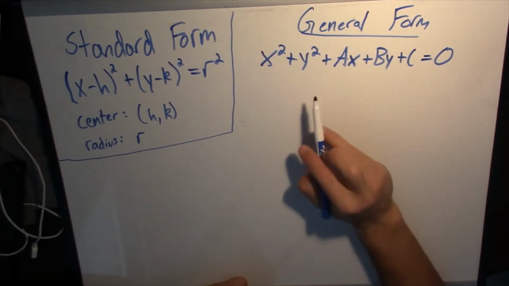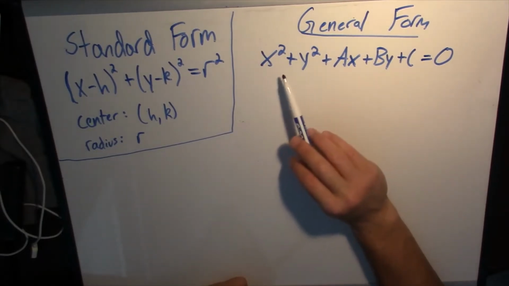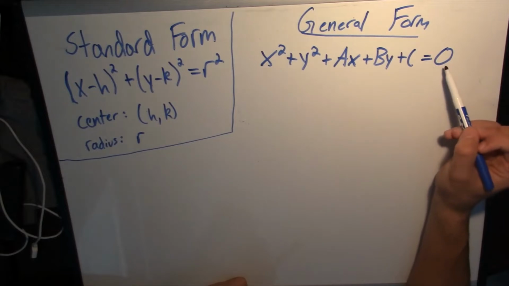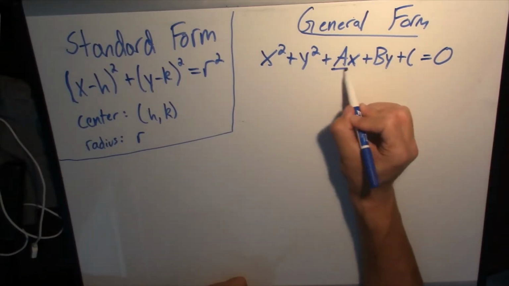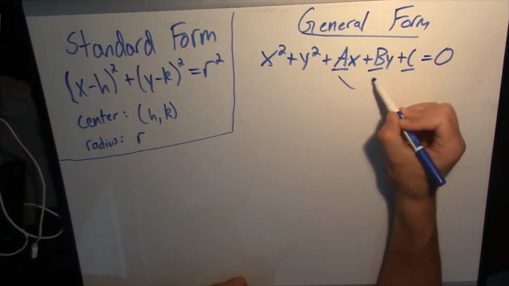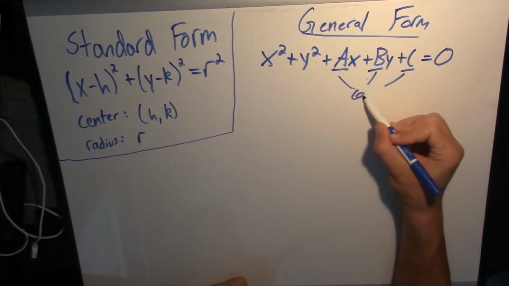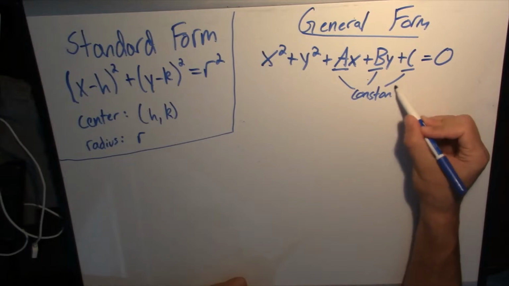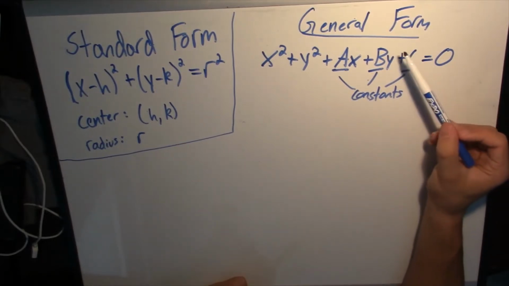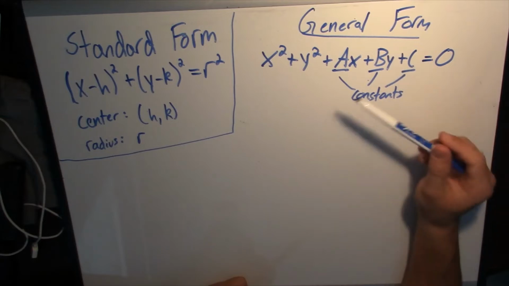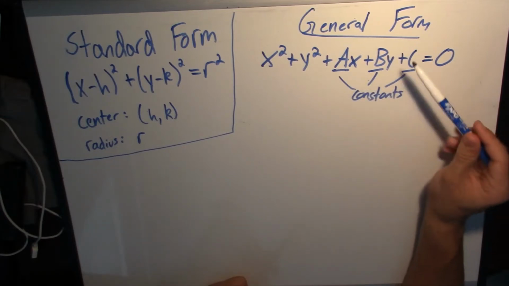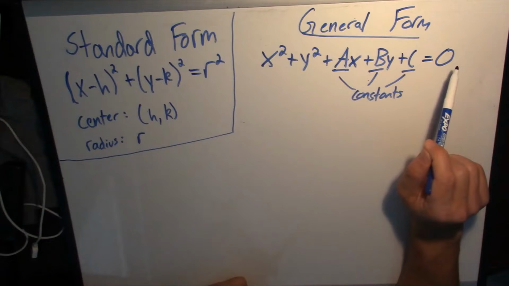So in other words, we have no parentheses, everything is multiplied out, and we have nothing on the other side of the equal sign. We have it equal to 0. So a, b, and c are what's called constants, which means they're just numbers. And it could be like 3x plus 4y plus 18. I don't know. It could be anything. So this is general form of a circle.